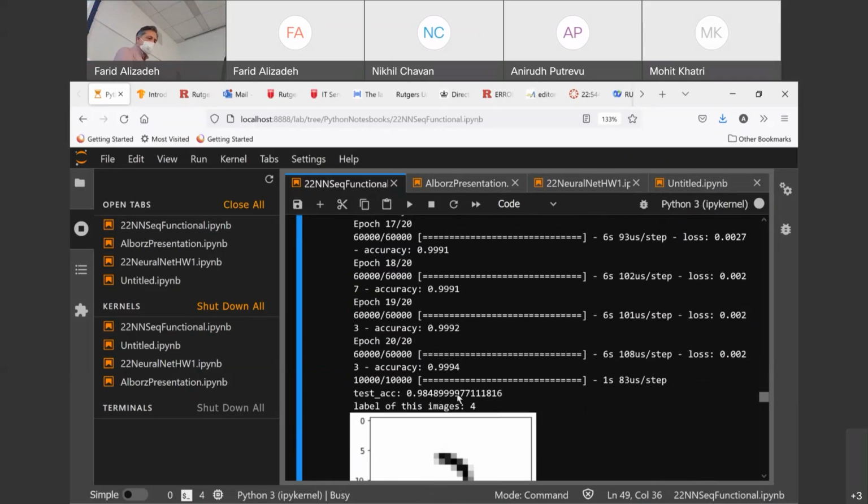So here you can see the test accuracy is 98%, but the last training accuracy is almost 1. So it's not bad, but there's a tiny bit of a gap. The training set is a little bit more accurate than the test set.